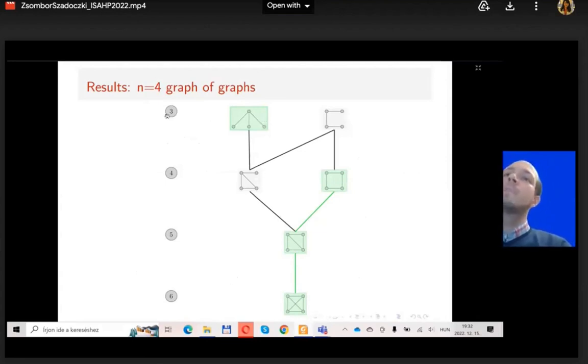You can see in the rows the number of edges, so the number of comparisons in the given row. And of course, the green background color shows the optimal cases.